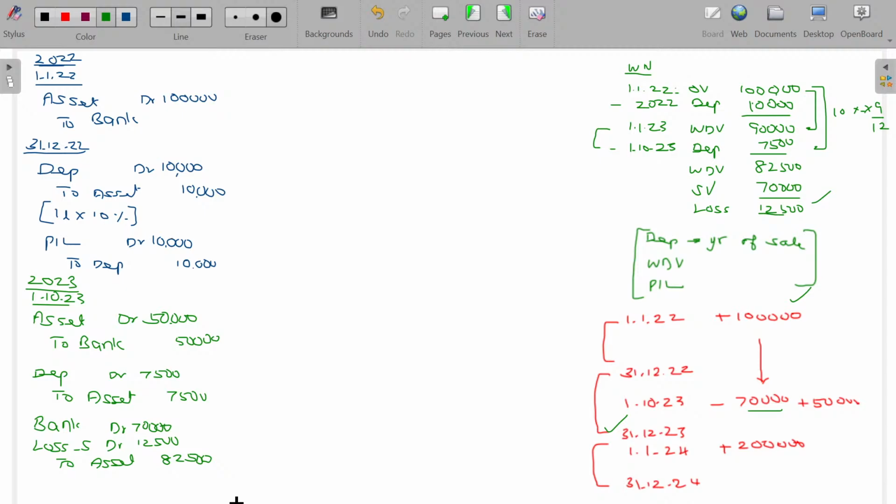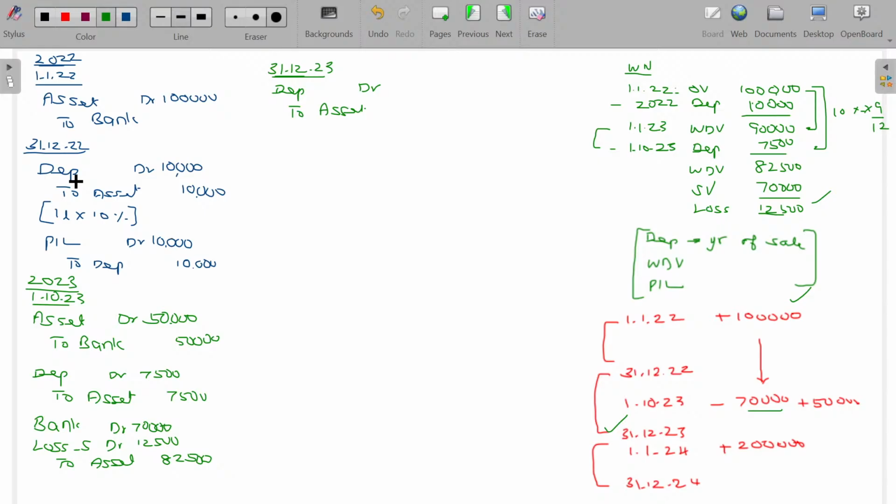Now, next one. We have to go for the year end, 31st December 2023. You have to calculate the depreciation for the assets we now have. Depreciation account debit to asset. How many assets do we have now? In the year beginning, we had one asset.